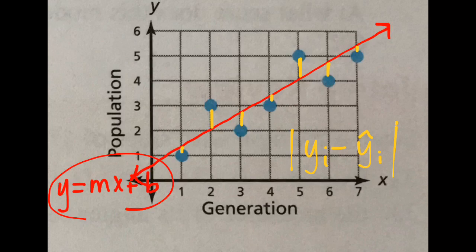We want the least amount of difference. Ideally, this is 0. Okay? In the perfect world, that sum of the deviations is going to need to be 0. I'm going to say if this is a positive, it's not really a whole one, but let's say that's 1 and that's 1, and then let's say that's a fourth, and this is a fourth, and technically these would be negative, right?